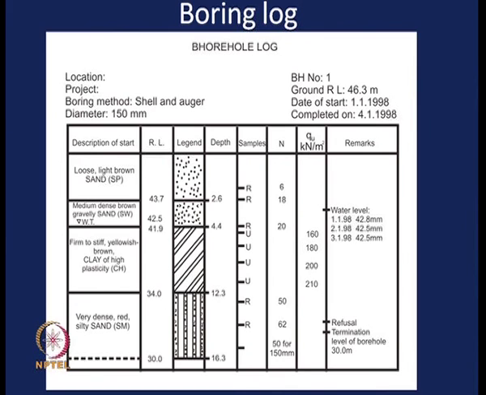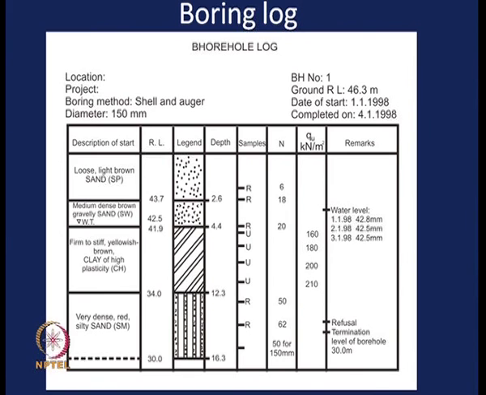In this particular borehole, this is loose light brown sand. The classification is SP, that means sand with poorly graded, and the RL position of this particular layer is 43.7 meter. Then this is the legend, the depth is 2.6 meter below the ground surface.